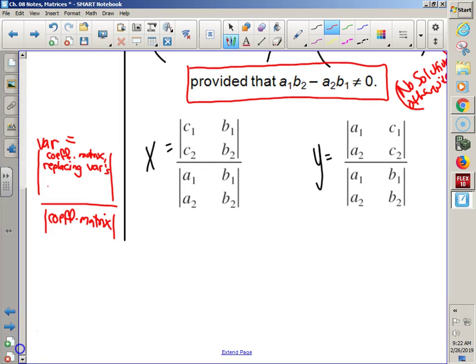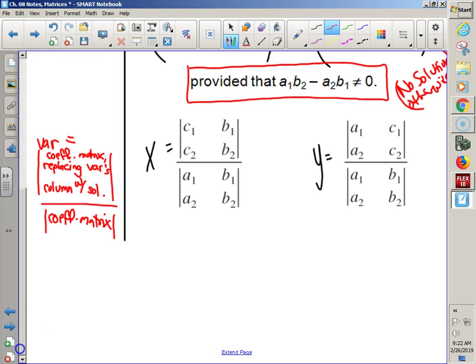Column, right? With, what do I mean by SOL? Not sol in Spanish, but the solutions, right? So coefficient matrix replacing the variables column with the solution column. And then you solve. How? Oh, just using determinants and then having a fraction.